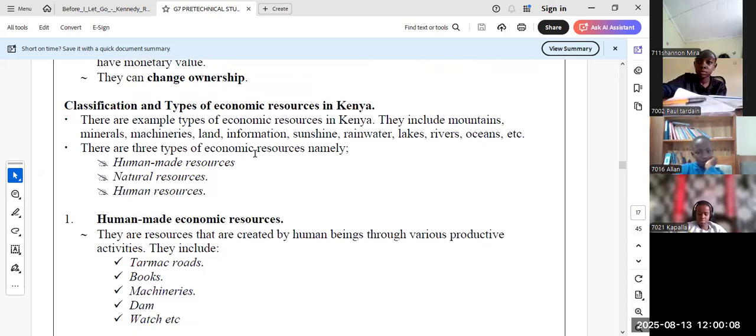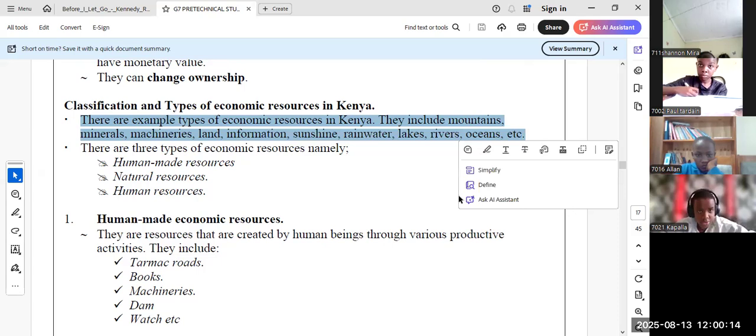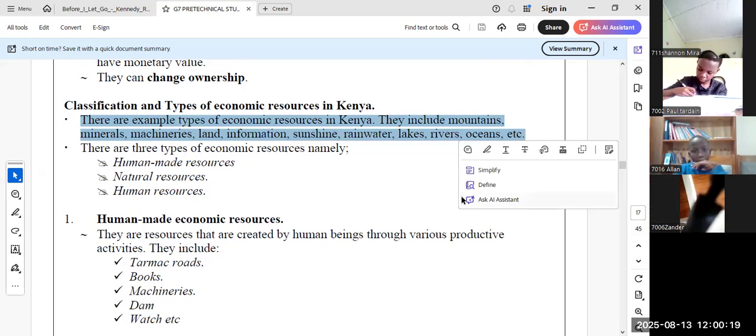To start us off, Kapala, read the first line. There are example types of economic resources in Kenya.